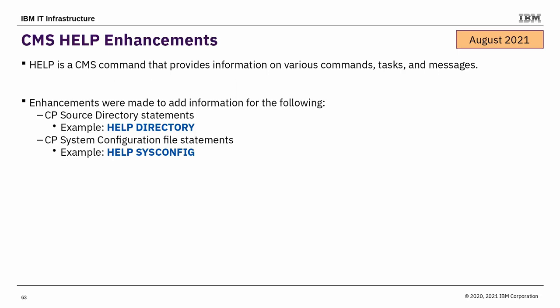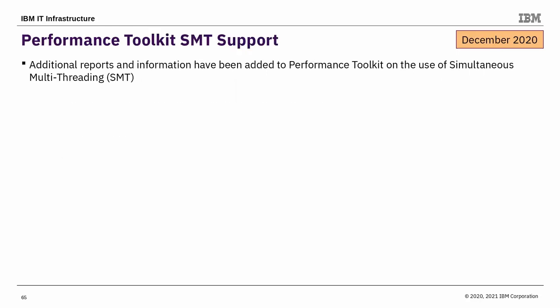Now you've got that for source directory statements and system config file statements, so that you can bring those up either immediately or by browsing the sub menu and going to that, which is quite nice. Yet more reports in PerfKit for SMT.